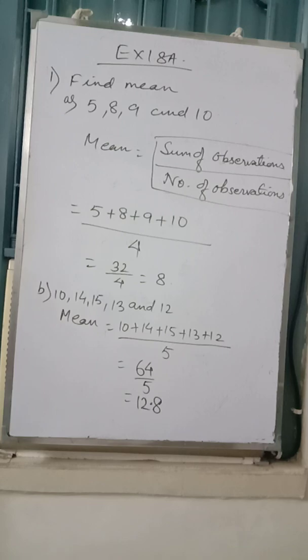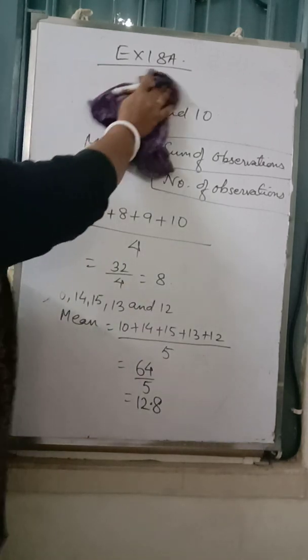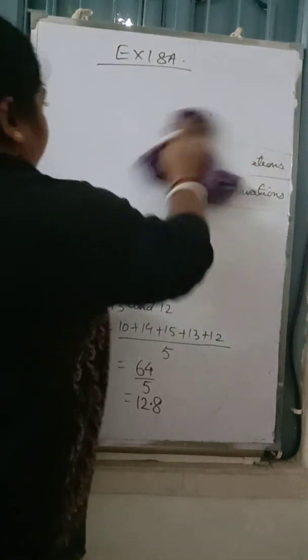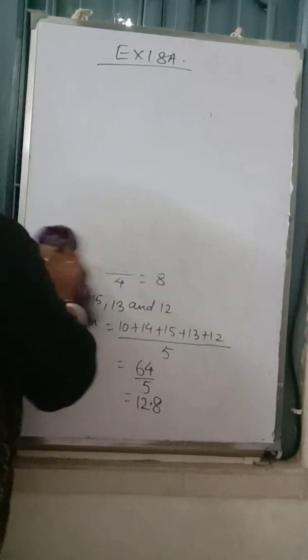Look at number 7. The square numbers from 1 to 100, both the numbers are inclusive, means these two numbers are included. Now what are the square numbers we have? We know a square number is when a number is multiplied with itself.